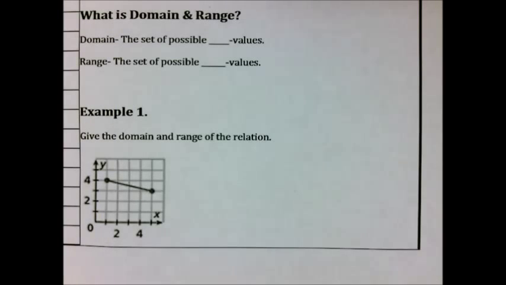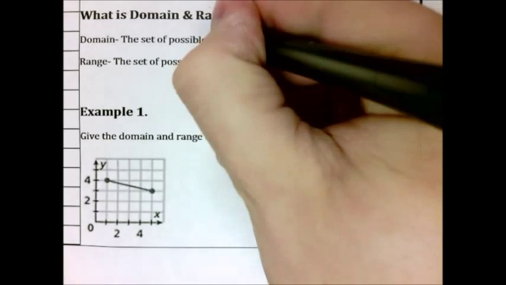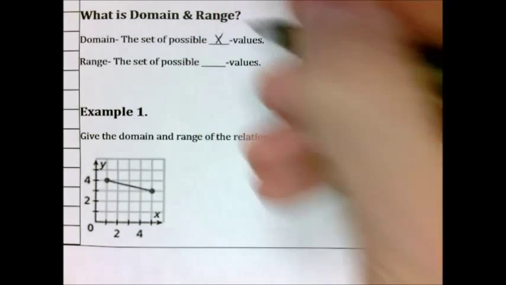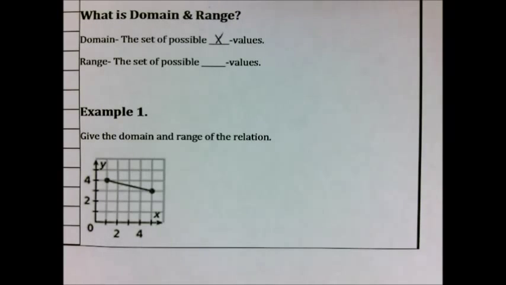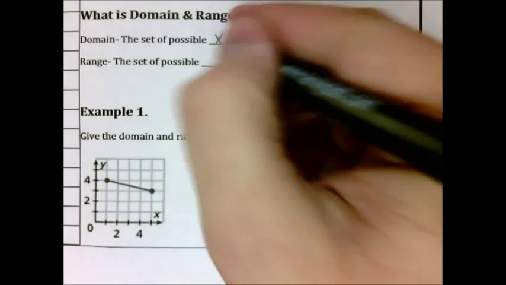So we need to answer the question though: what is domain and what is range? Okay, domain is the set of possible x values. Okay, x being the first value. The range then is the set of possible y values.